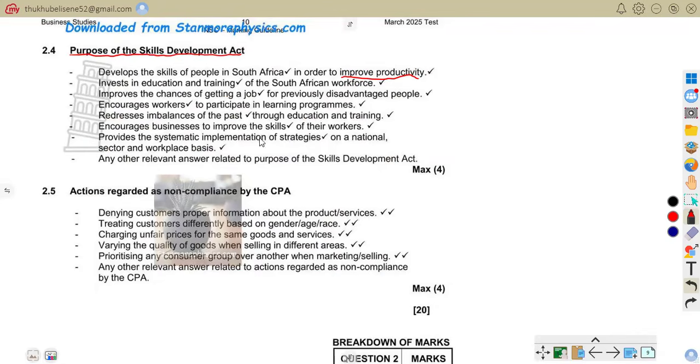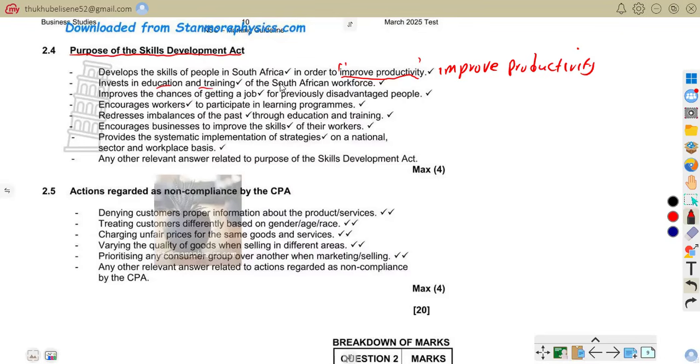So it improves productivity. It means training increases efficiency, so that will improve the productivity.